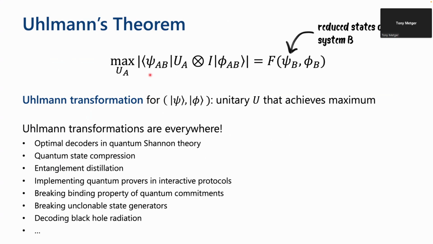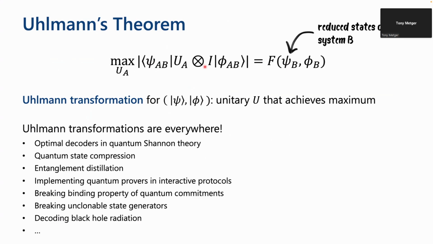everyone has seen Uhlmann's theorem, but just in case, what Uhlmann's theorem says is, it makes a statement about fidelity, which is that if I have two reduced states, let's call them psi and phi on some registers B, then the fidelity I can write as I take any two purifications of these and I look at the maximum overlap if I only act on the purifying system.